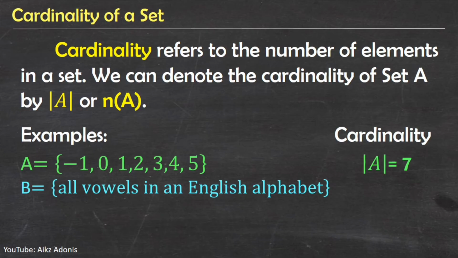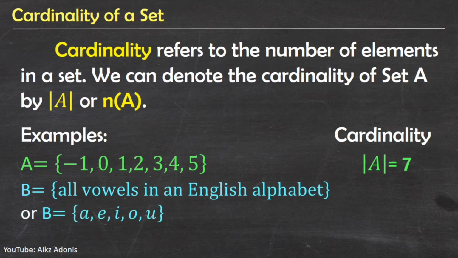How about this second example? Set B containing all vowels in the English alphabet. To find the cardinality, we need to count the number of vowels in the English alphabet. The vowels are A, E, I, O, U. Therefore, the cardinality of set B is 5.